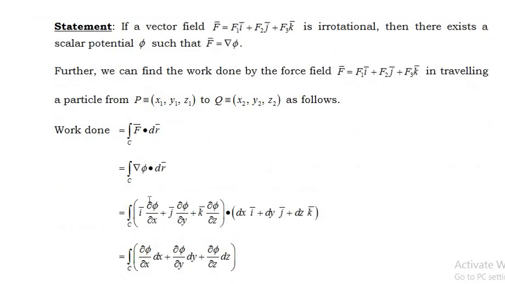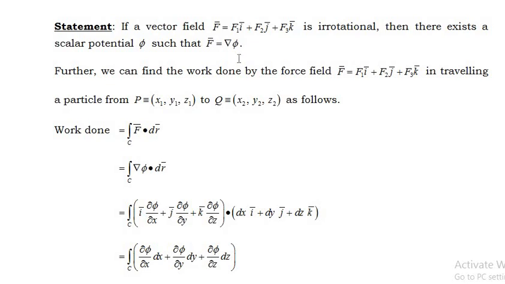Now after discussing these problems, we are going to have one very nice, interesting and important result. Already we know that if a vector field F bar is irrotational, then there exists a scalar potential phi such that F bar equal to grad phi.